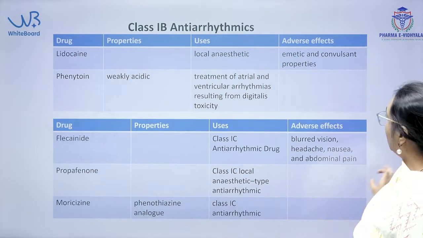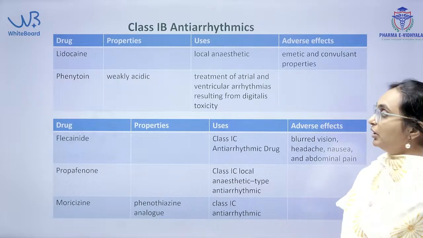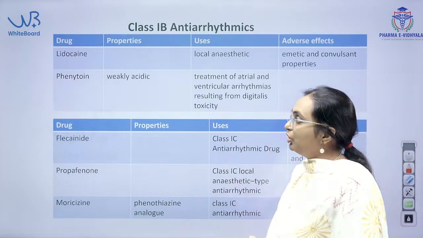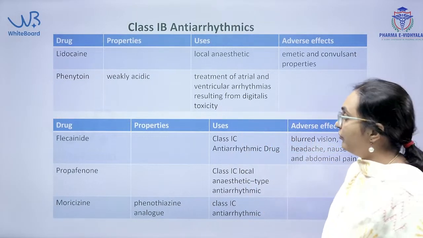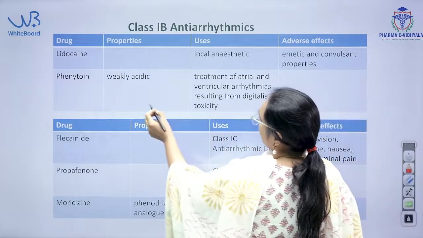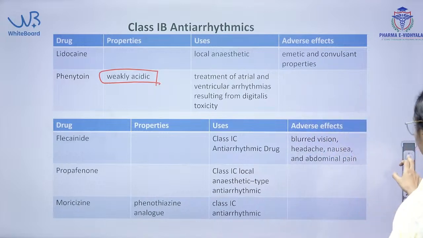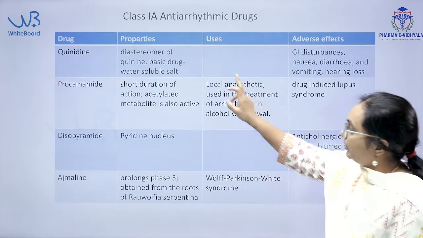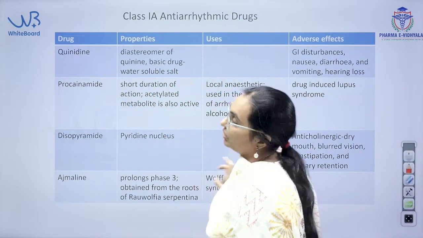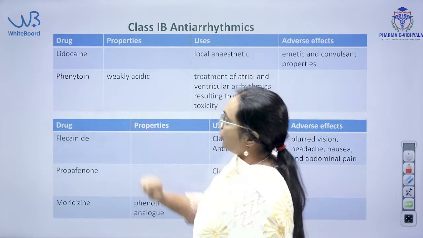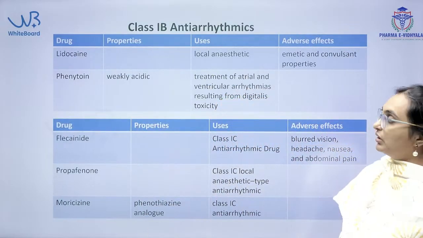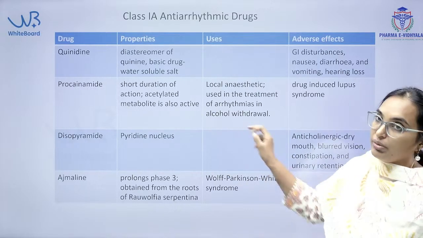Next, class 1B drugs. Important drugs in class 1B: lidocaine, phenytoin. Phenytoin is also an anti-epileptic drug, a weakly acidic drug. Weakly basic drug is quinidine, weakly acidic drug is phenytoin. The anesthetic drug is procainamide.